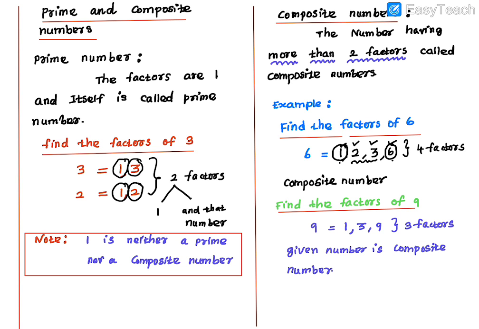So suppose they ask to find the factor of 1, what I said: 1 is not a prime, it's not a composite number. Okay, so apart from that we have to calculate. And the next thing is, I'm going to give some numbers, you just find whether it's a prime number or composite number. Okay, so I'll give you some numbers for your practice.